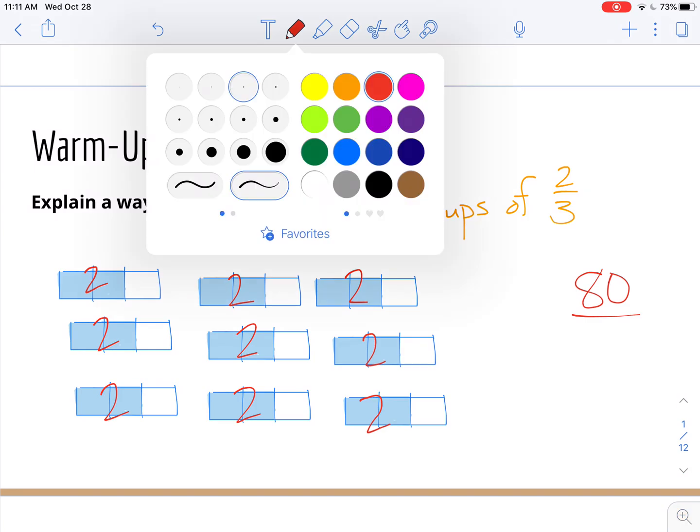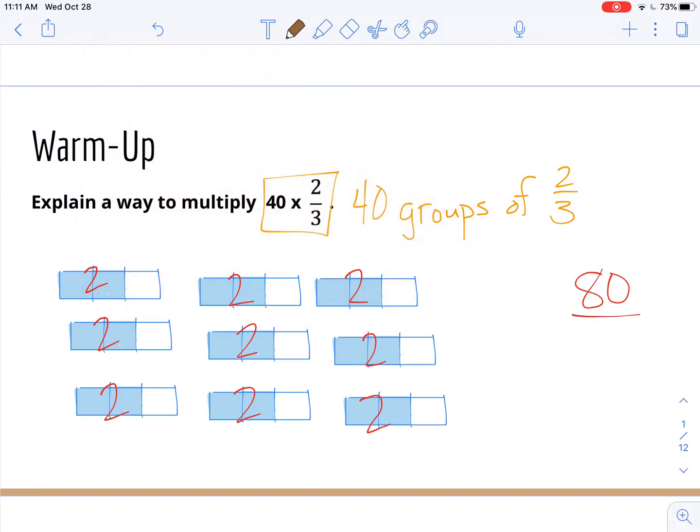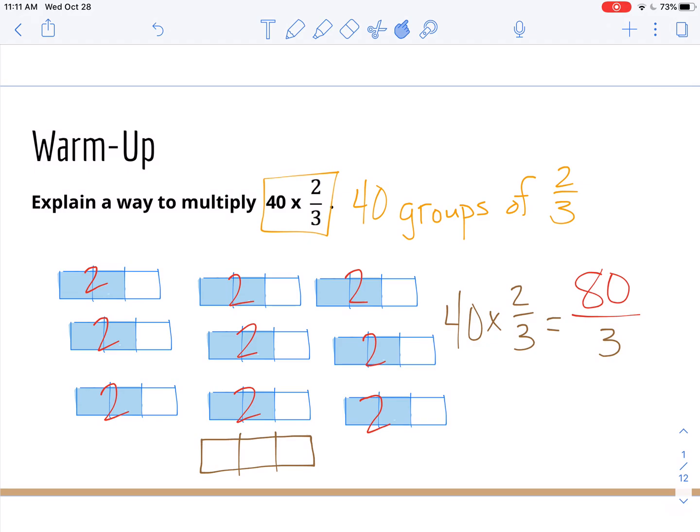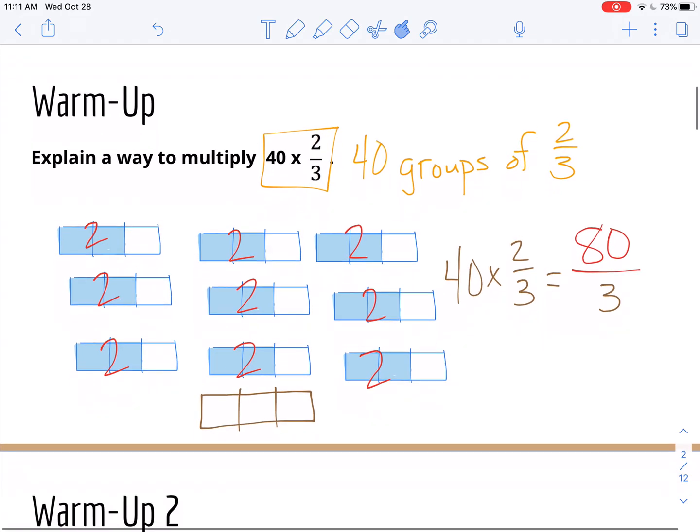I want to know if I had to draw just one more rectangle, how many parts would that one be cut into? It wouldn't be cut into 120. Like all the rest of them, it would be cut into 3. So the denominator has to be 3. So this is 40 times 2/3, or 40 groups of 2/3. That's what we did in your first class last week.